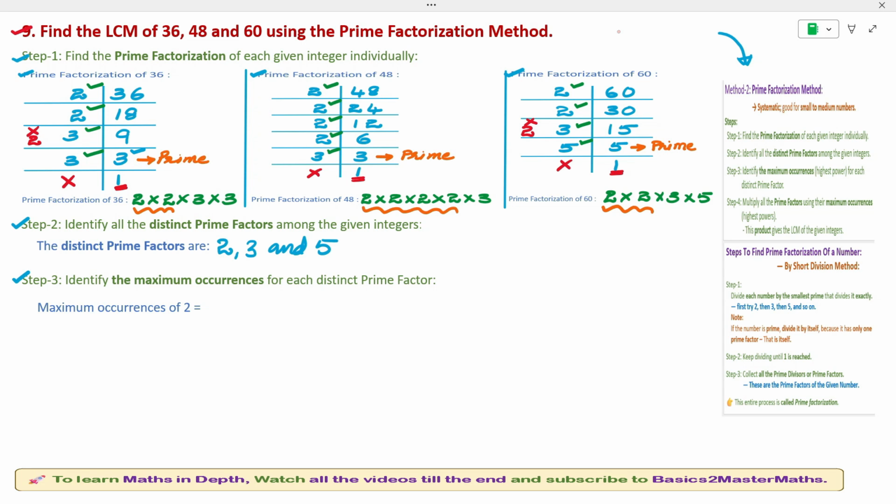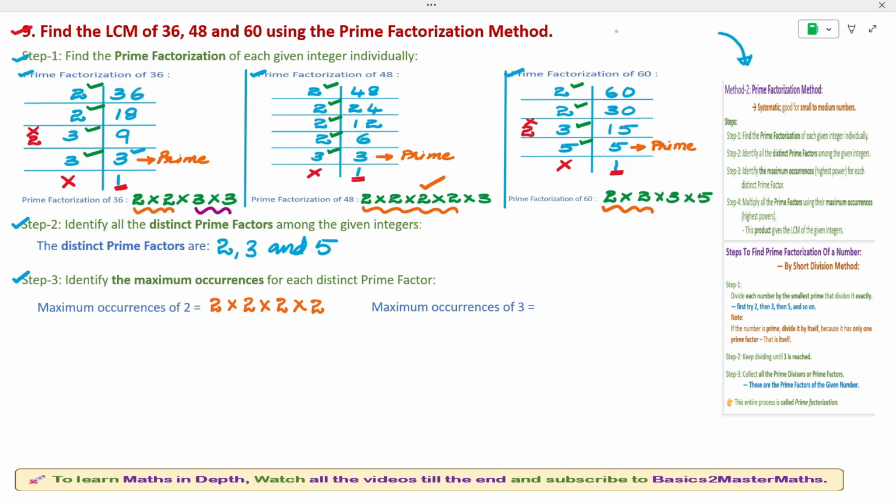But it occurs more times in the prime factorization of 48. So, we take 2 multiplied by 2 multiplied by 2 multiplied by 2 as its maximum occurrences.